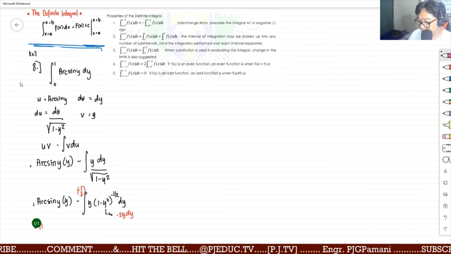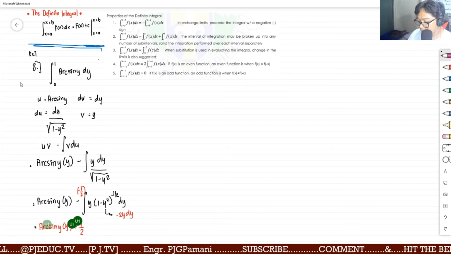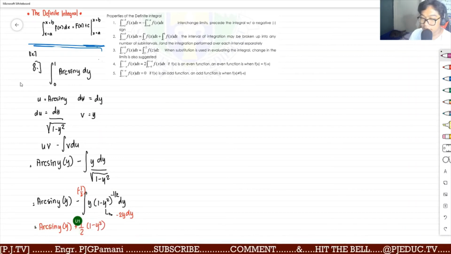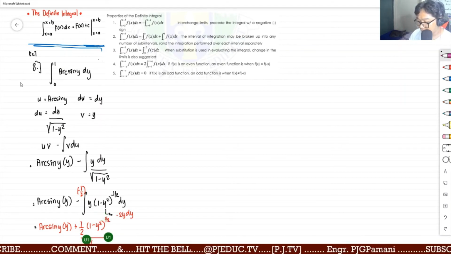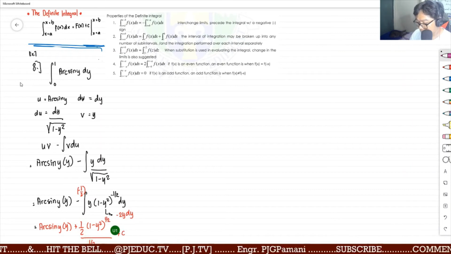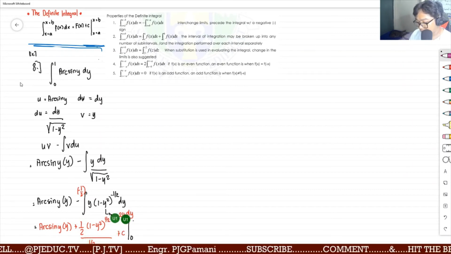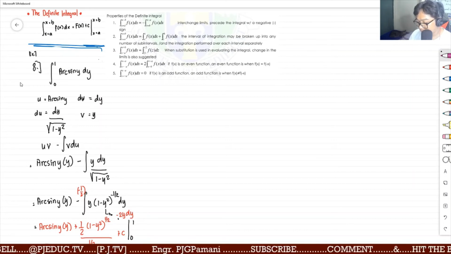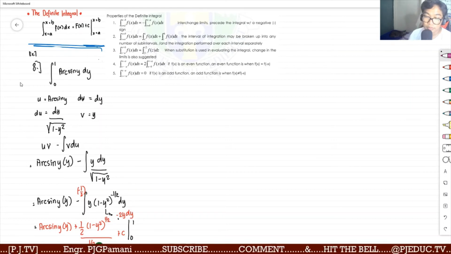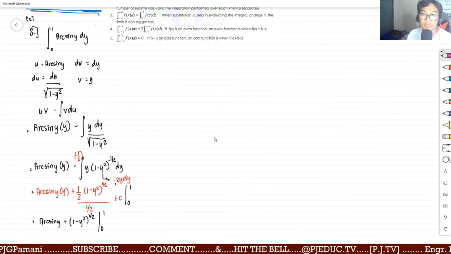So that is arc sine y times y plus 1/2 of (1 minus y squared) raised to negative 1/2, power rule plus 1, so positive 1/2, all over 1/2, plus c. Then your limits of 0 to 1. So that is arc sine y times y, plus 1/2 divided by 1/2, positive 1, of (1 minus y squared) raised to 1/2, from 0 to 1.